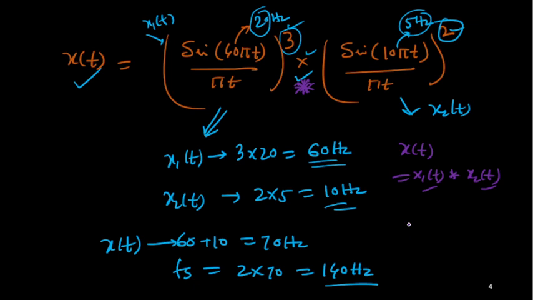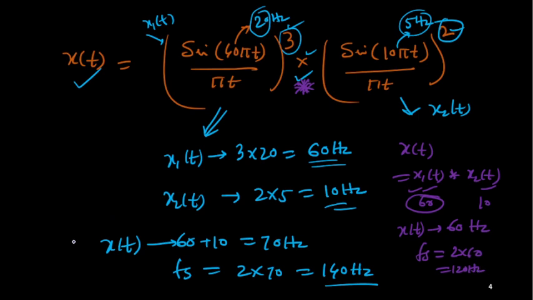So which will have the maximum frequency? Its frequency is 60, this is 10. So x(t) will have a maximum frequency of only 60 Hz, not 70. Don't add if convolution is taken. Just take the maximum frequency. Then the sampling rate will be double that, meaning 2 into 60 equals 120 Hz. I hope it is clear.